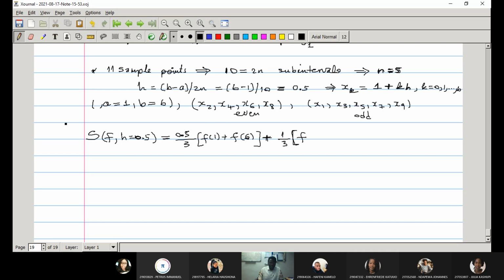If I write the general formula here, I can write that x_k is equal to 1 plus 0.5 into k. Right, so that's what we have.